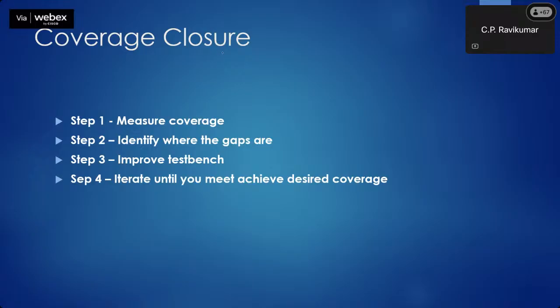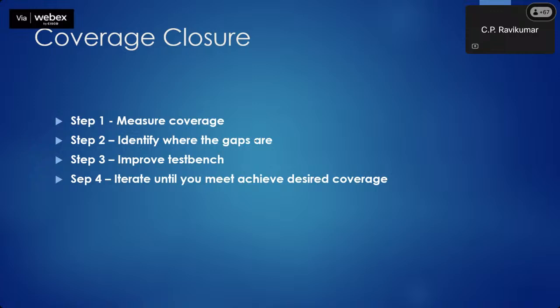Coverage closure means how to get to that number. See, maybe when we measure the coverage, it may come out to be 60%. Then we have to think of where the gaps are, analyze the reports. Okay, these verification reports are very big.